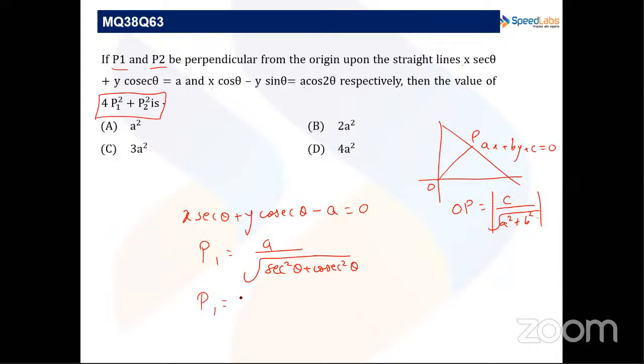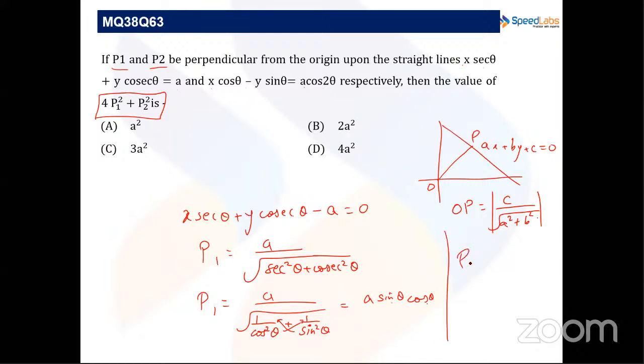On simplifying, P1 will be a upon under the root 1 upon cos square theta plus 1 upon sin square theta, which will come out to be a sin theta cos theta, because on taking LCM, sin square theta plus cos square theta will be 1. So P1 is a sin theta cos theta.